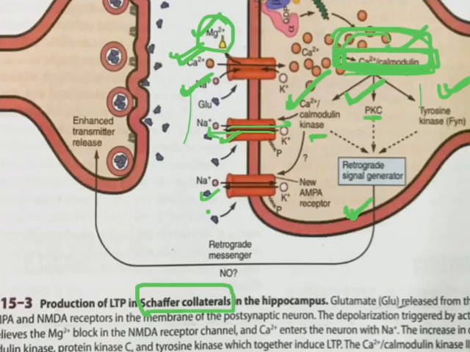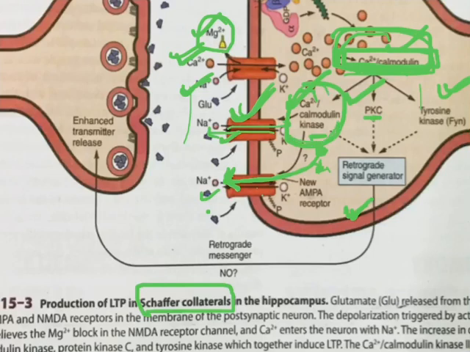They mostly either increase the transmission of neurotransmitter via the AMPA receptor, or bring more and more AMPA receptors from the cytoplasm to the lumen. See, these receptors are synthesized within the cytoplasm and they are brought to the plasma membrane.